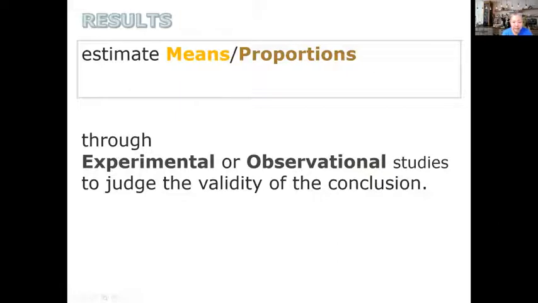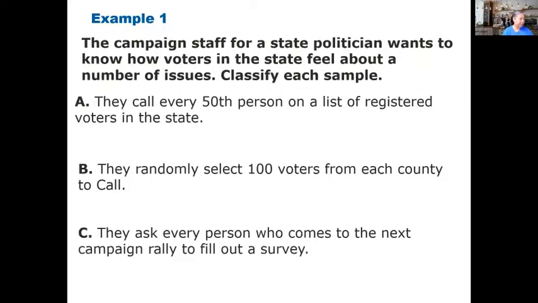So then let's see the examples here. Okay, example number 1. The campaign staff for a state politician wants to know how voters in the state feel about a number of issues, and we classify each sample with the sampling method. A: they call every 50th person on a list of registered voters in the state.